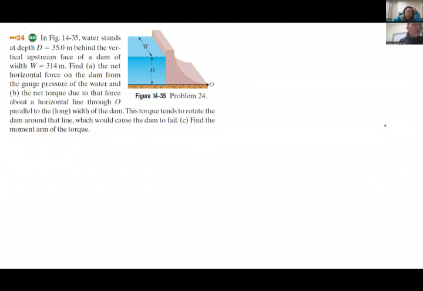Okay, so the first question is you have to find the horizontal force on the dam from the gauge pressure of the water. So if there is force exerted on that dam in the horizontal direction, then you can just set up a unit area inside of this water.